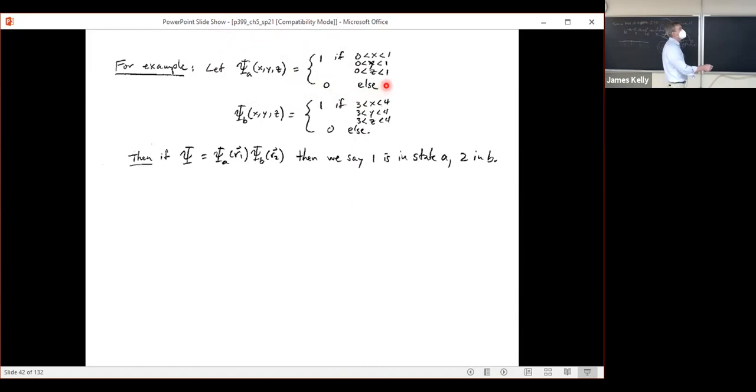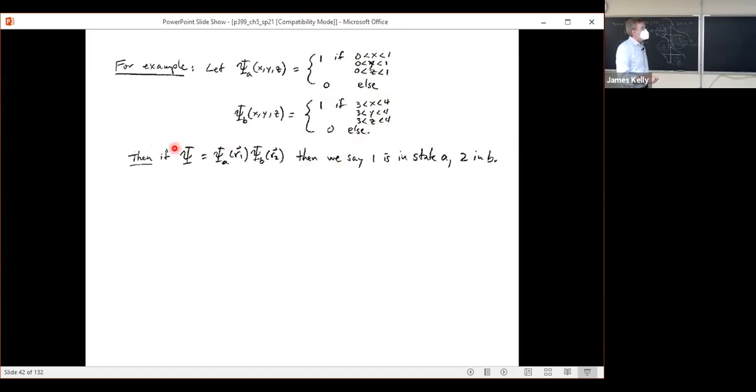It is only non-zero where all three x, y, and z coordinates are between 0 and 1. Everywhere else it's 0. So that's an extreme case where I definitely know exactly where a particle in that state is localized. Here's another state that a single particle could be in. This one is only non-zero where the particle coordinates are between 3 and 4. Notice there's no overlap between these two states.